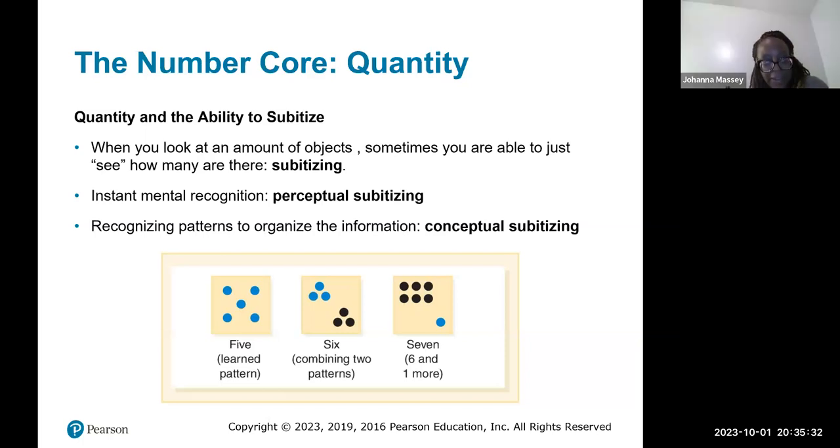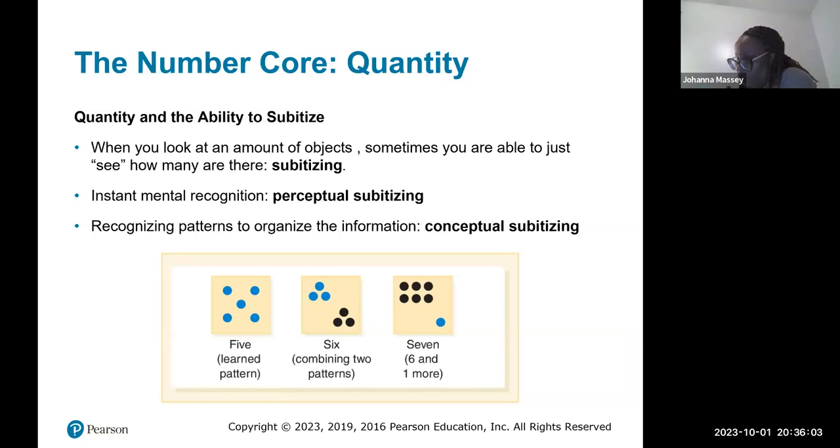Without counting them. Okay, then you have conceptual subitizing, and that's recognizing patterns to organize the information. And the book, on page 127, explains the ability to subitize.